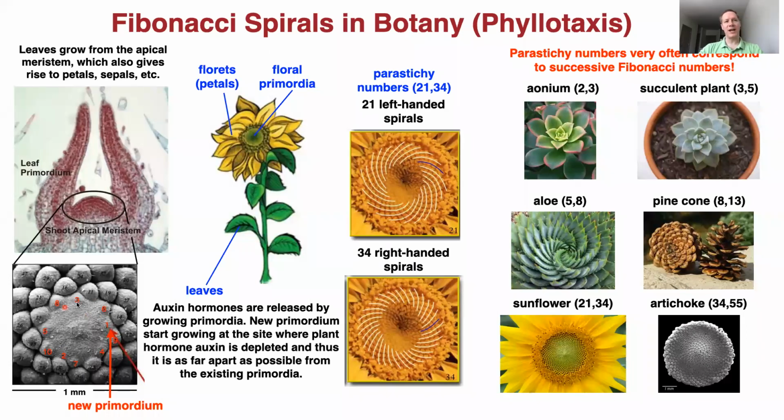Over time, this amount of hormone will degrade. Maybe there was initially a lot of hormone here, but over time it degrades, so this will get depleted. So eventually, 1 would like to form as far away as possible from the newer ones, 2 and 3.